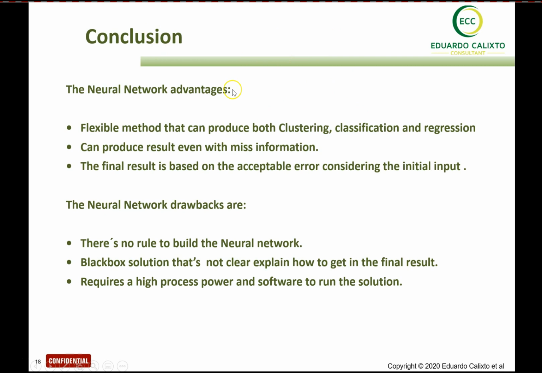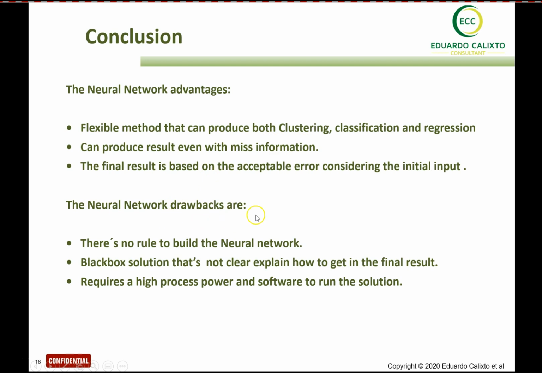That's one of the interesting things about the neural network. The final results are based on an acceptable error considering the initial inputs. We saw that this model has the real inputs, and it always compares the real inputs to the predicted ones, then updates the weights and goes to further classification to minimize the error.